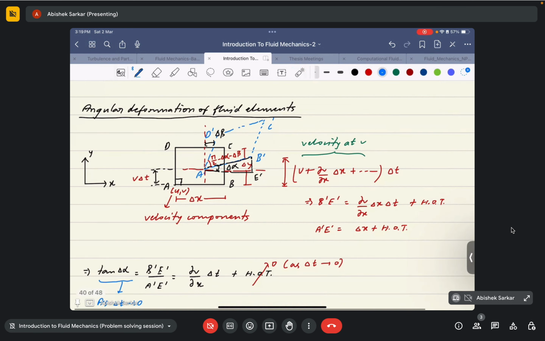I think you were able to go through the diagram, so I hope it was clear.